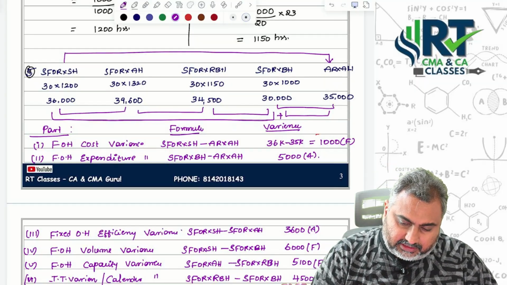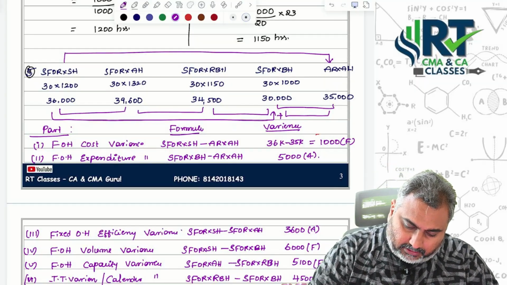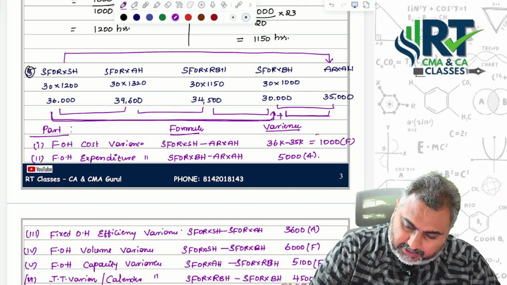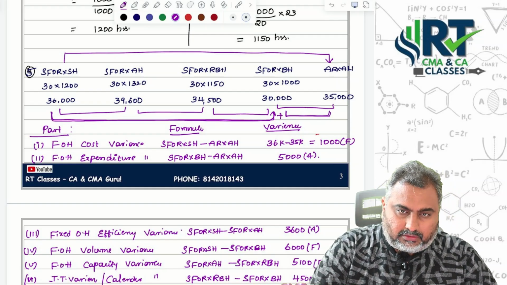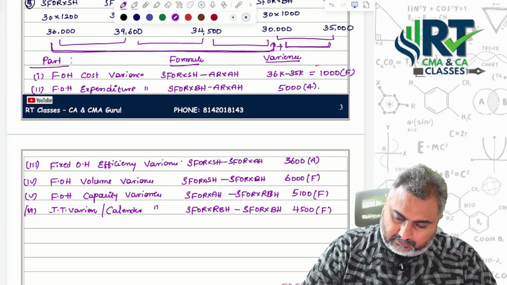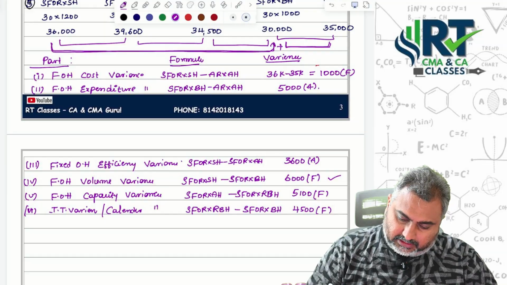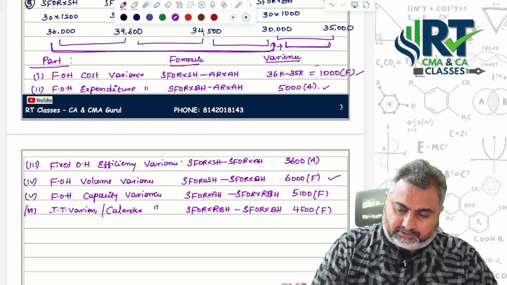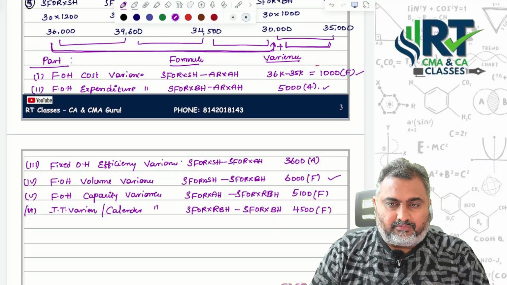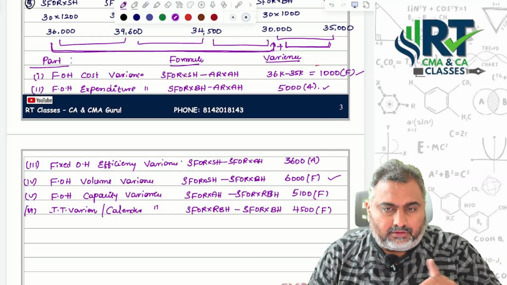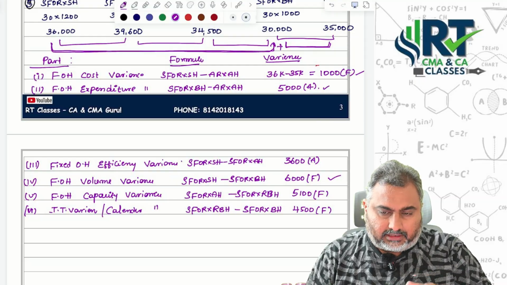See this particular one. Your volume variance plus expenditure variance equals cost variance. 6,000 favorable plus 5,000 adverse equals 1,000 favorable. You can do cross checking also, whether you did it correctly or not.